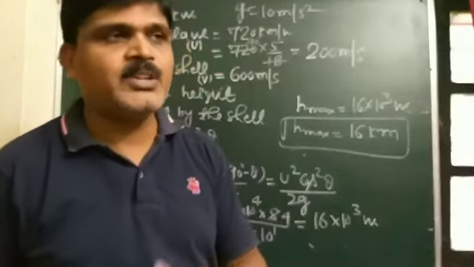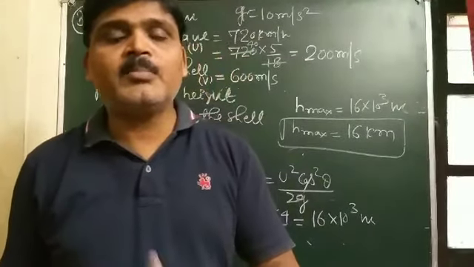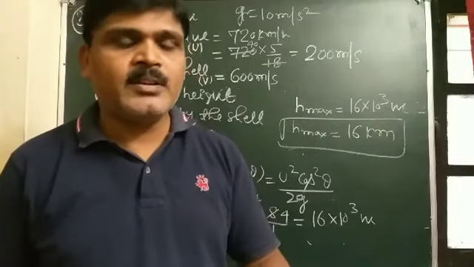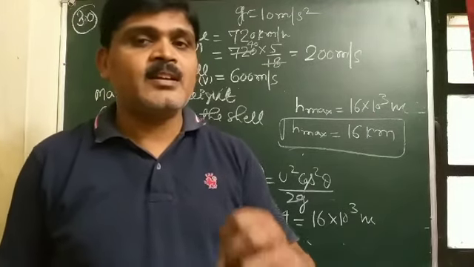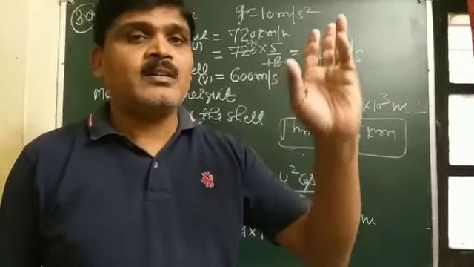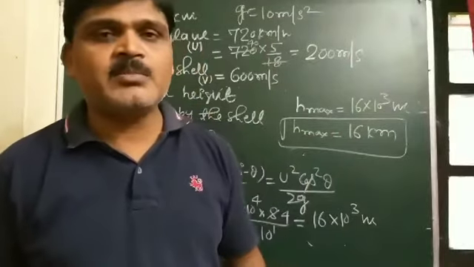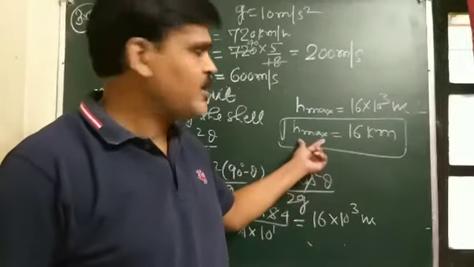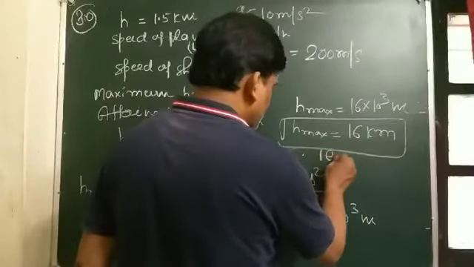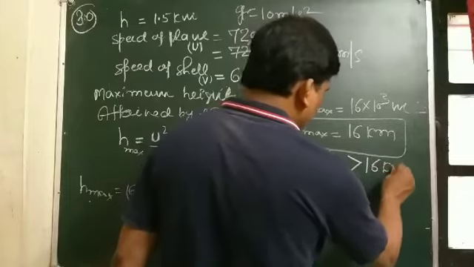Or in other words, we can say that the plane will not be hit by the shell which is fired from the gun if it is flying at a height which is more than the maximum height acquired by the shell, that is greater than 16 kilometer.